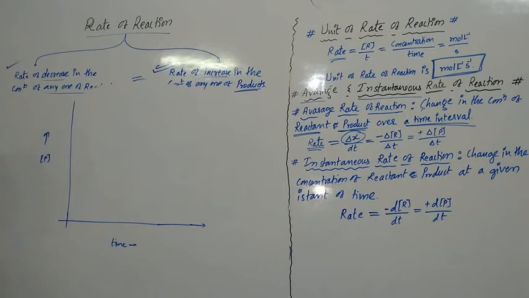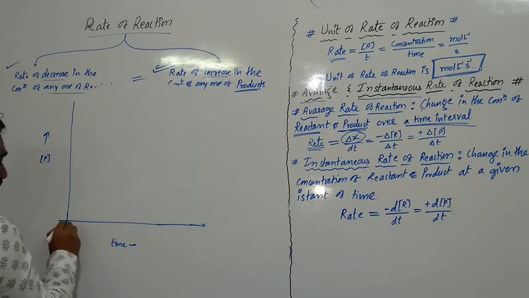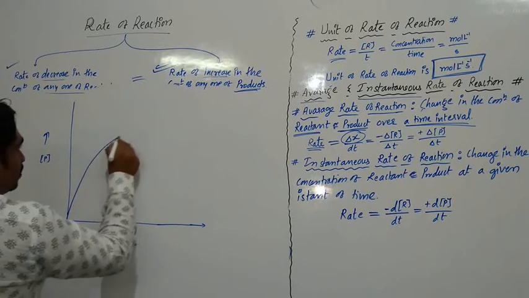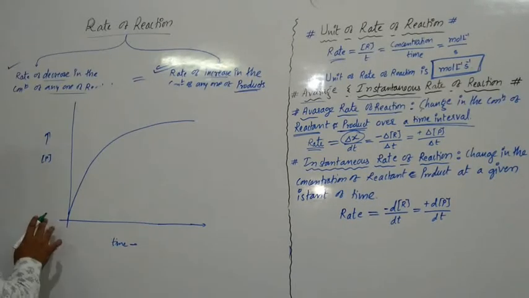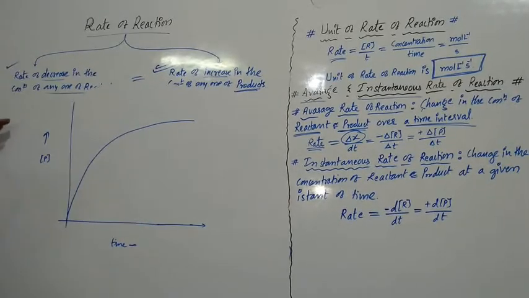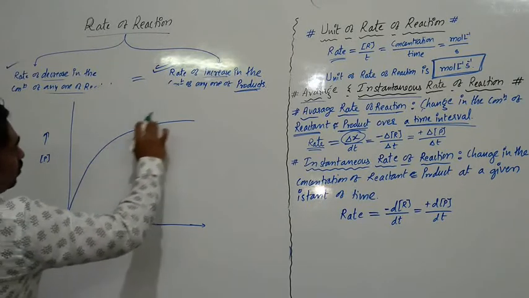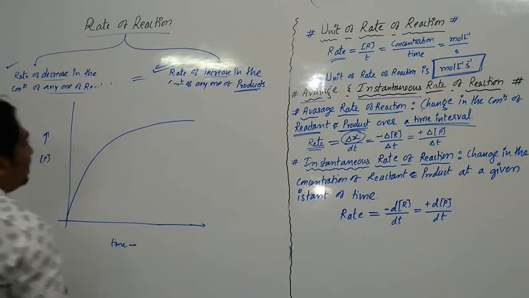Along this, initially the concentration of product is 0. As time lapses, the concentration of product goes on increasing. So in the previous graph we saw that the concentration of reactant goes on decreasing. Here the concentration of product goes on increasing with respect to time.